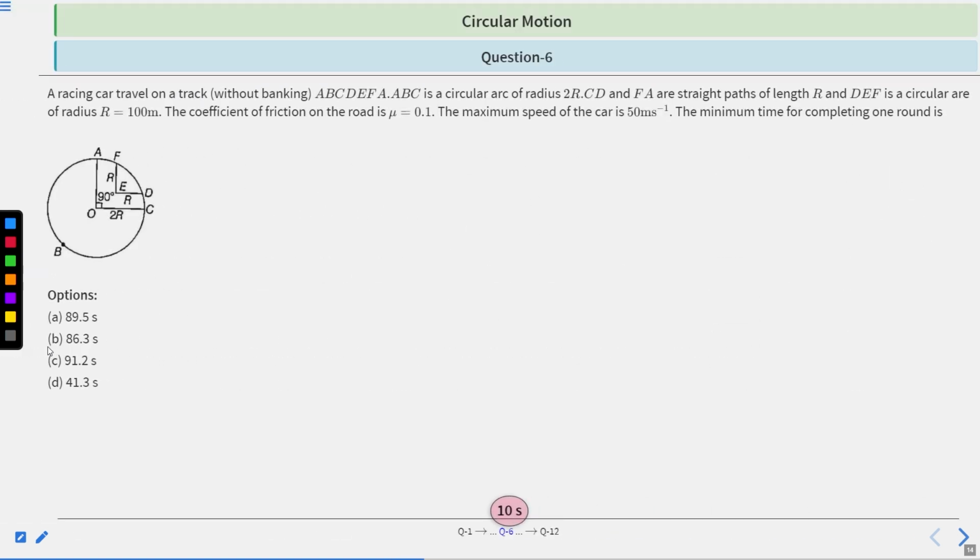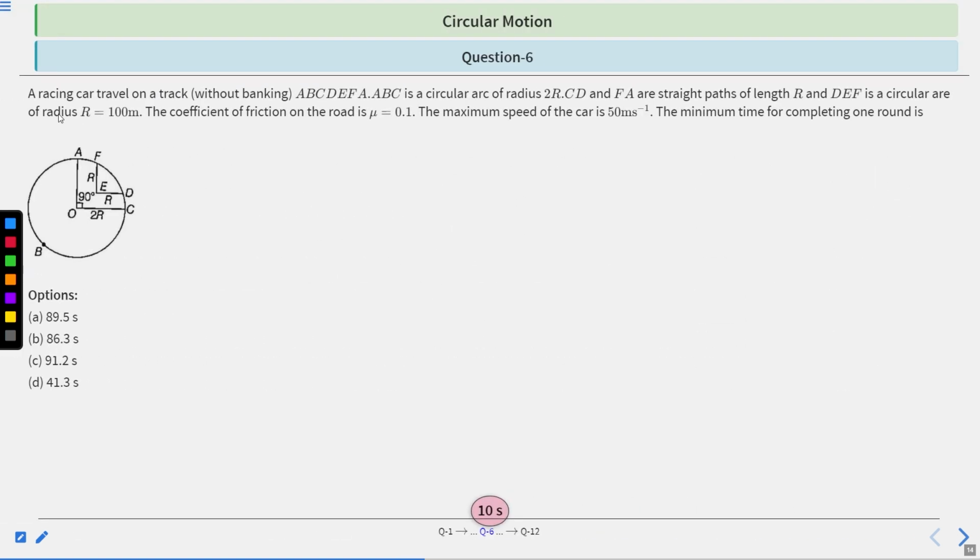Next question, the sixth question. A racing car travels on a track without banking. The track is A, B, C, D, E, F, and back to A. ABC is a circular arc of radius 2r, CD and FA are straight paths of length r, and DEF is a circular arc of radius r equal to 100 meter.